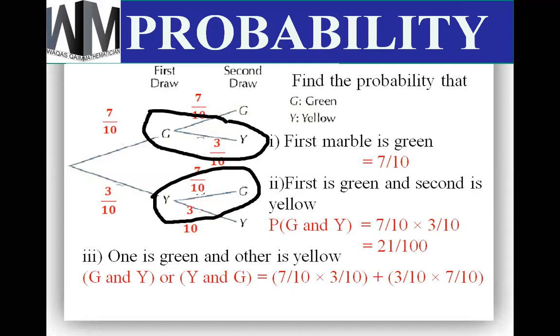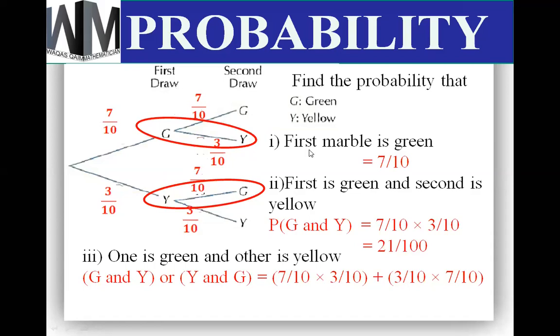So 7/10 multiplied by 3/10 plus 3/10 multiplied by 7/10. So the result will be 42/100.